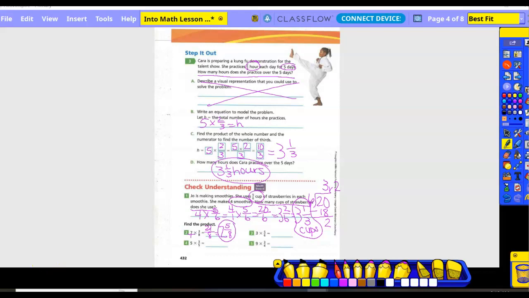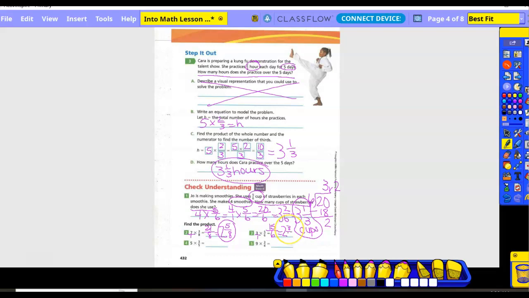All right, 3/1. So 3 times 5 is 15. 1 times 6 is 6. Simplify it. How many times does 6 go into 15? 2 times. 2 times 6 is 12. What is 15 minus 12? 3.